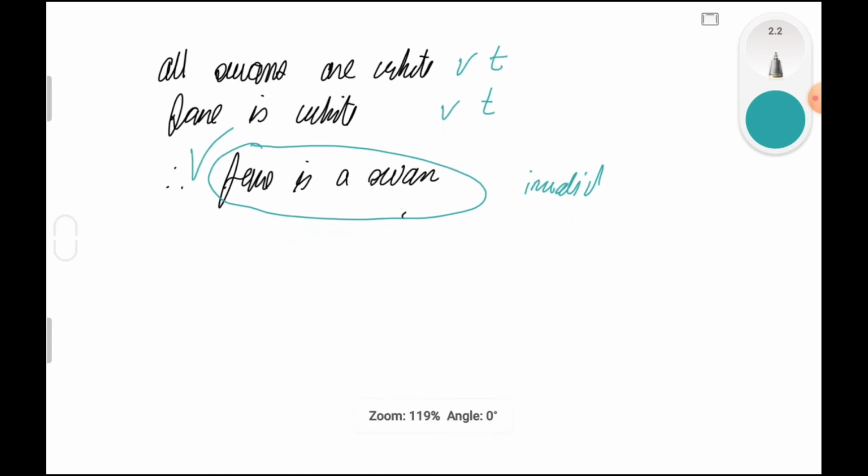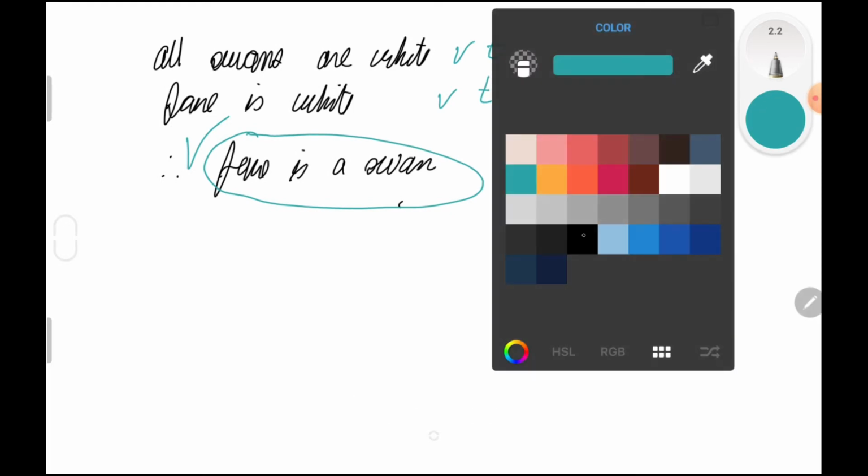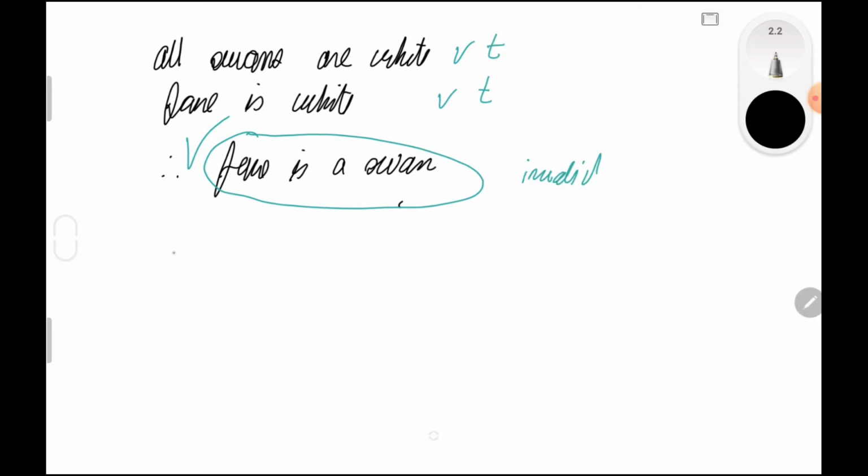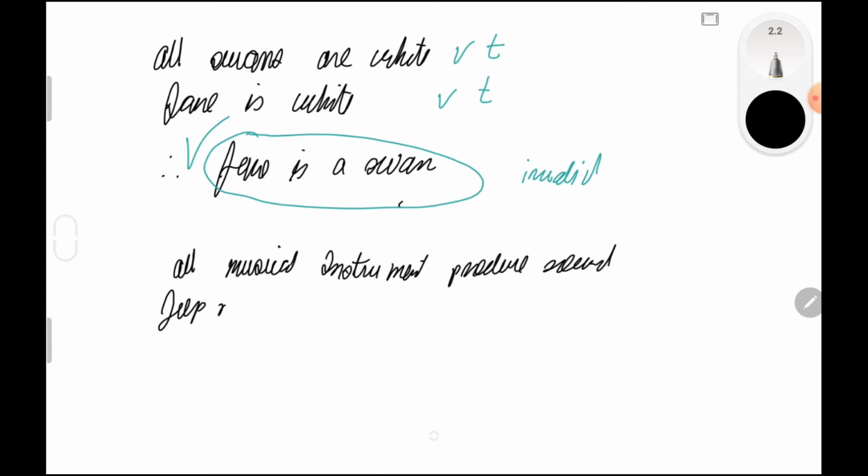Next is: all musical instruments produce sound. Chimneys produce sound.